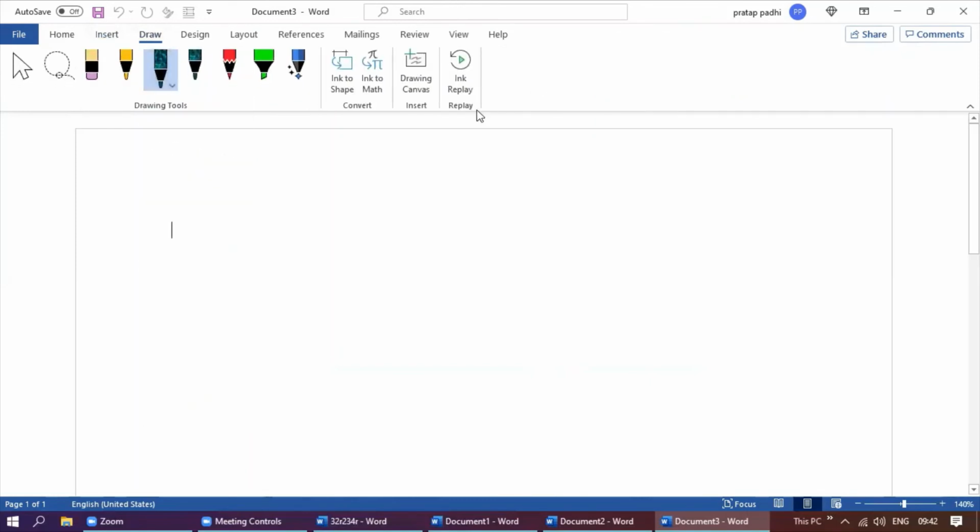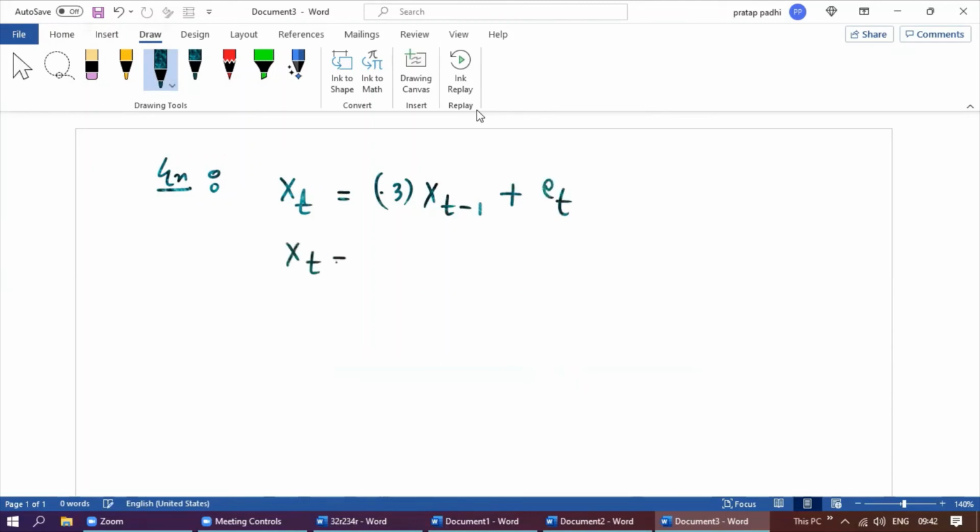Now, suppose I write this AR1 process: 0.3 xt minus 1 plus et. Then I will write 0.3 or maybe 1 upon 5 xt minus 1 plus et.